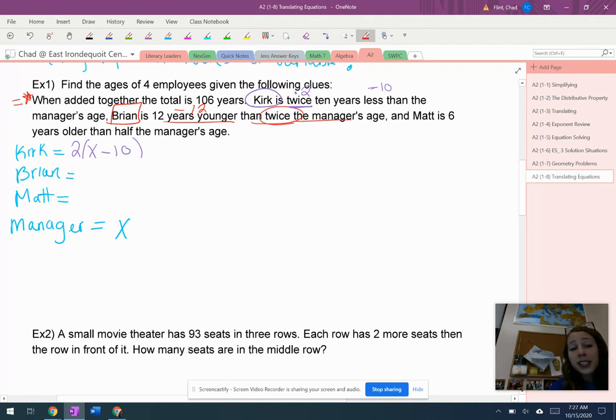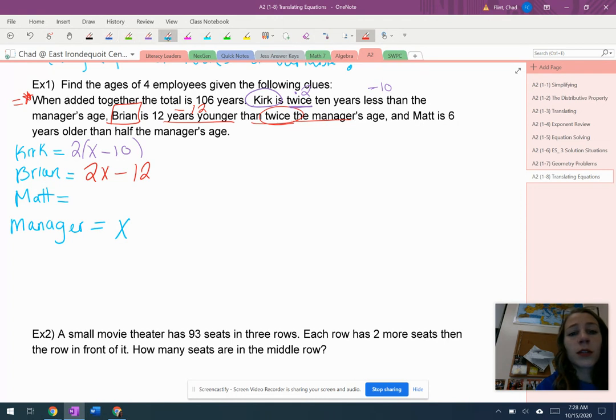So where in Kirk's sentence, we were multiplying the 2 by both the X and the minus 10, in this one, we're just multiplying the X by 2 and then subtracting that 12. 12 years younger than twice the manager's age.